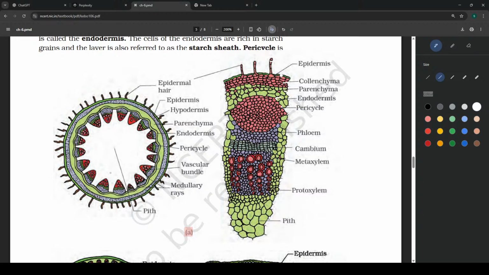Pretty similar here. Both are the same thing, just a transverse section and a vertical section, or a magnified picture.